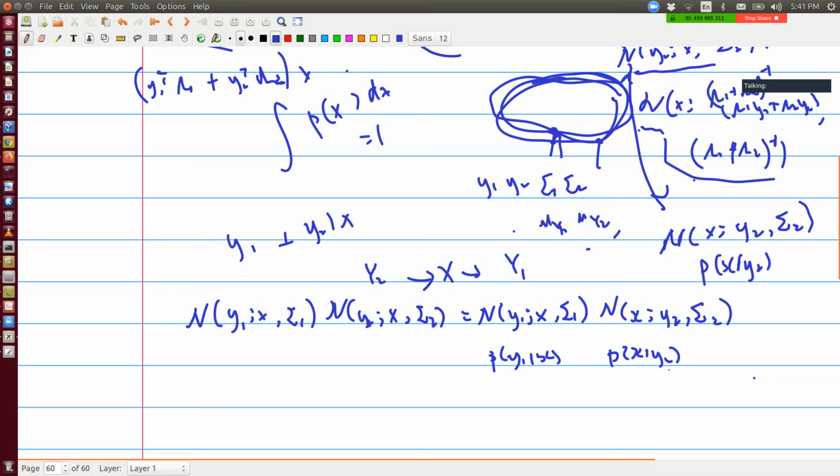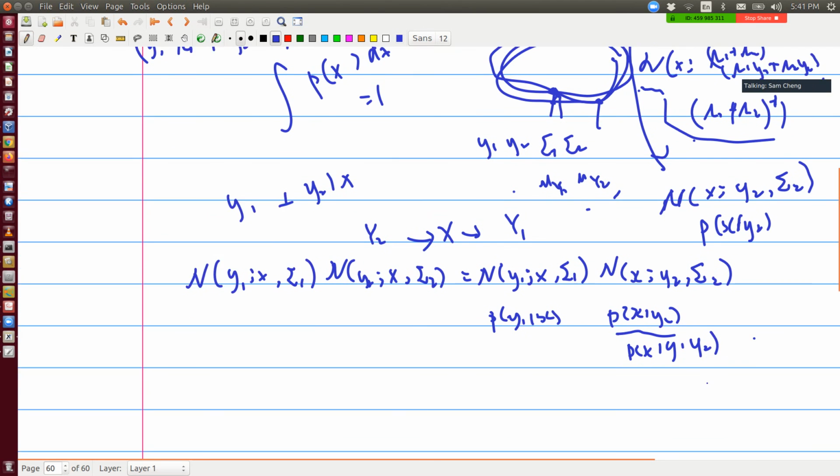Now, because I have the conditional independence here, this is actually equal to p(x, y1 | y2) also. So if you look at the whole thing, this is p(x, y1 given y2).